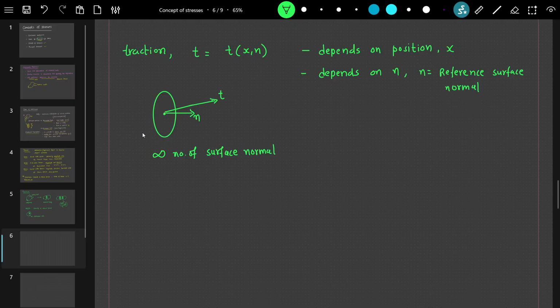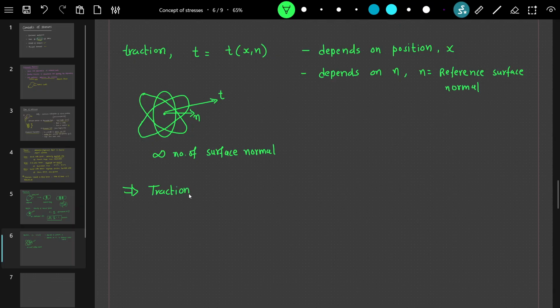If I take a different cut section, about this surface there is a different traction. If I take another surface normal, about this surface I will have a different traction. That means the traction depends on position, but at that position it also depends on how we take the surface normal.